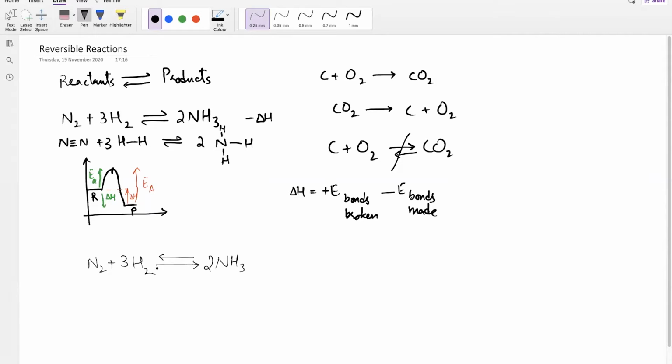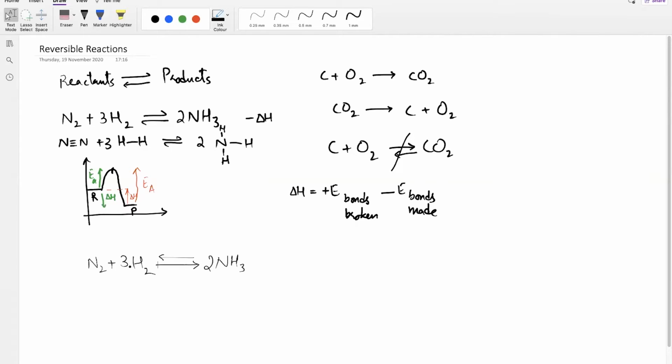Now, initially, the forward reaction is happening at a faster rate because there is more nitrogen, more hydrogen, and very little ammonia. But after a while, ammonia is being produced, it's going to react and it's going to go back, which means the speed of reaction will have a mismatch.